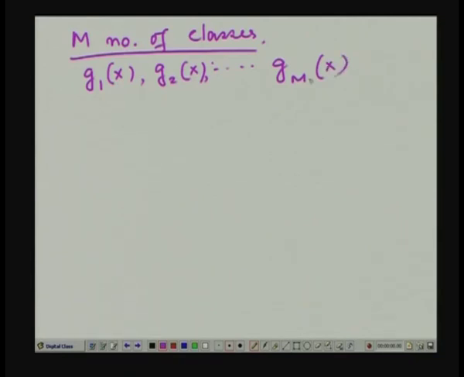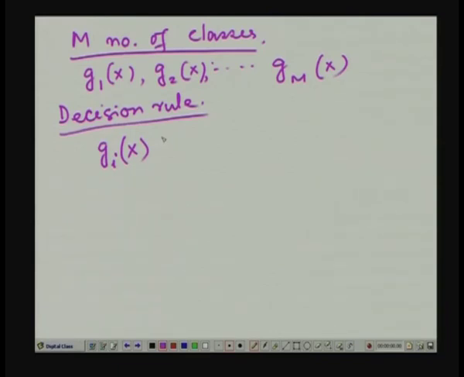And in such a case, our decision rule will be something like this. The decision rule is, for a feature vector x, g i x is the discriminant function for class omega i.